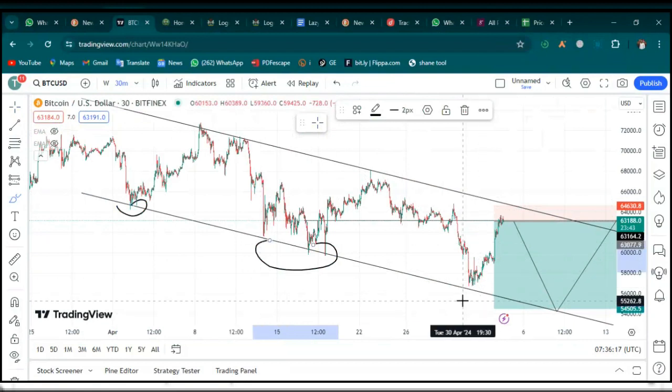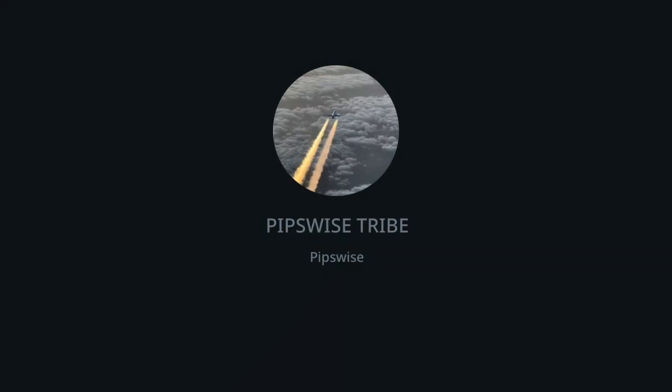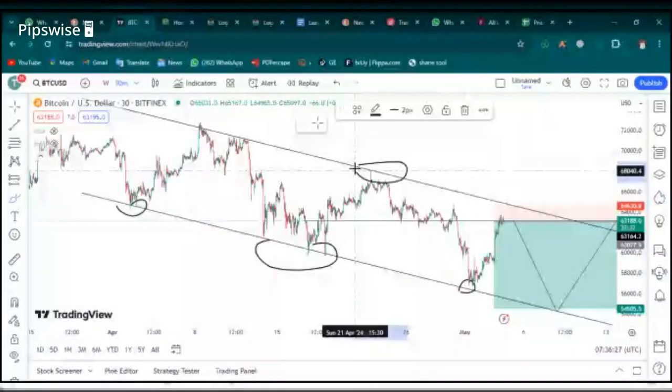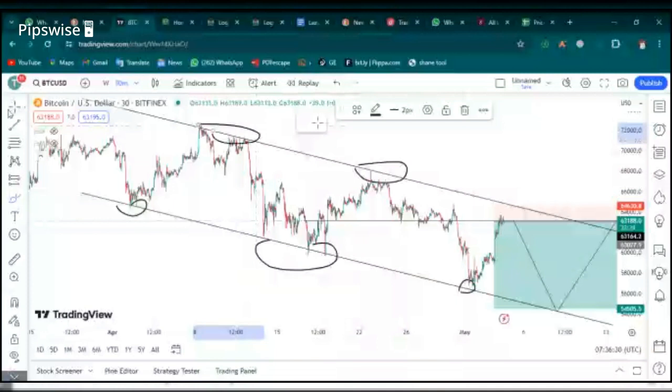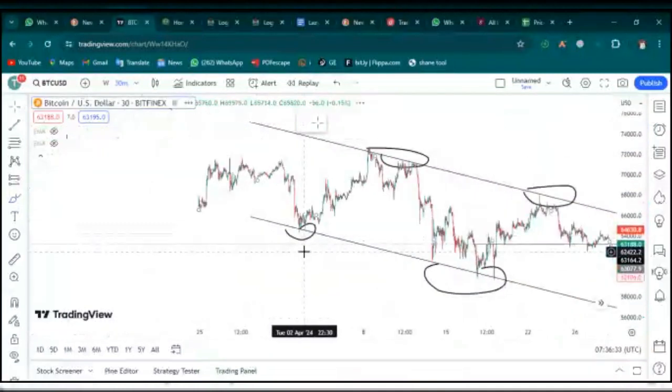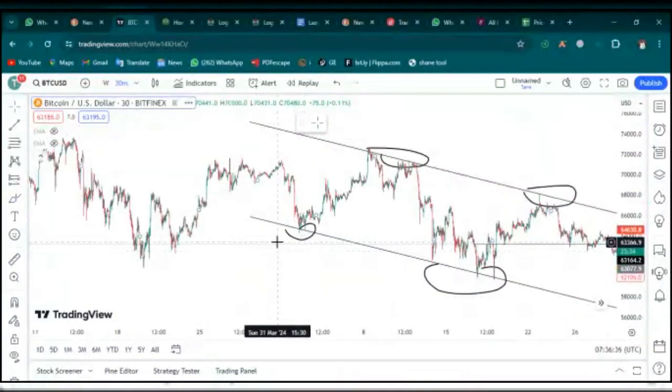I told you the other time that there are sometimes that it will not touch it. Sometimes it will be a little bit lower. Look at it right here. There will now be a point whereby it will break it.